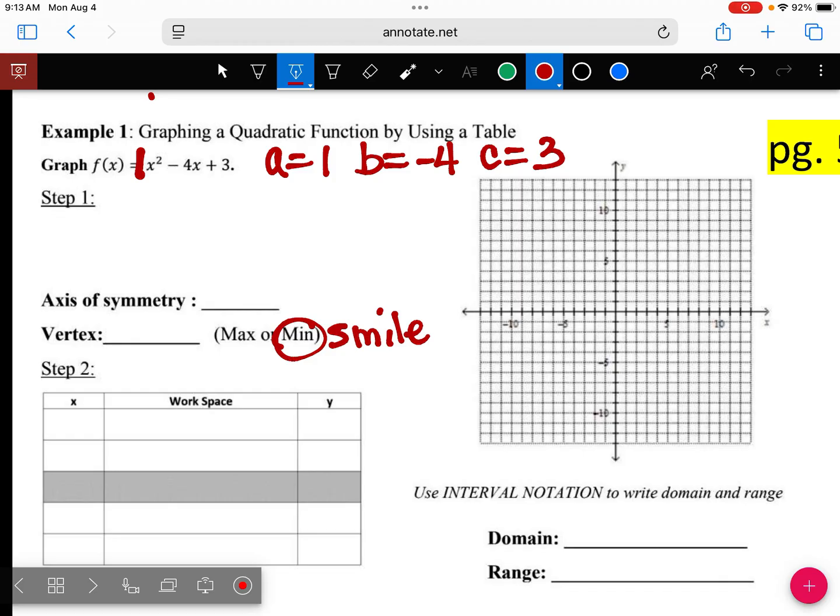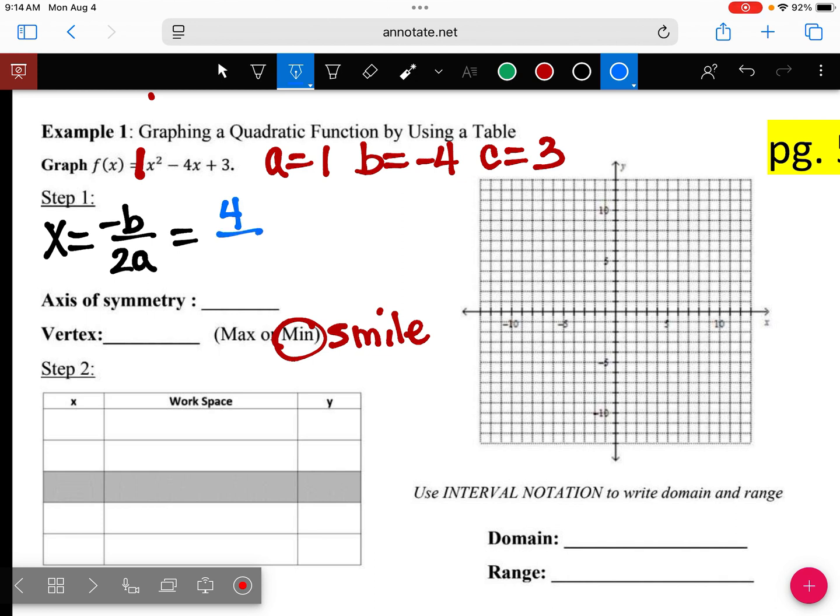All right, so we're going to start by finding the axis of symmetry. So this is the formula that we're going to use. X equals opposite of B over 2A. All right, so B is -4. What do you think the opposite of -4 would be? +4. Good job.